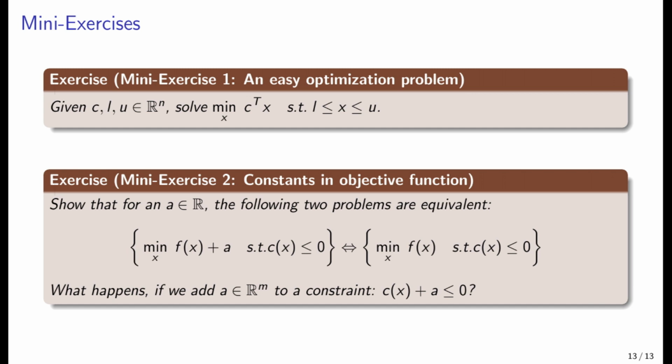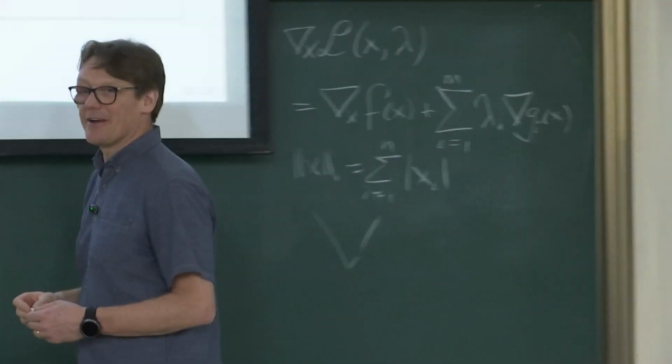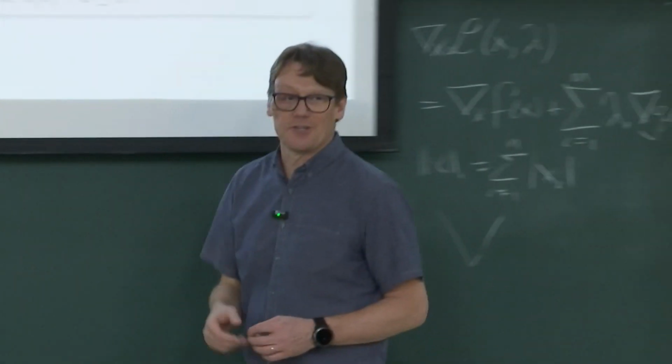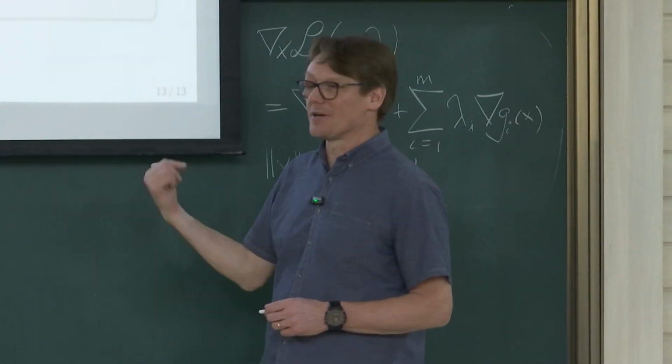And then the second one is to show that if I solve an optimization problem where I minimize f of x plus a, then I get the same solution if I didn't have an a in there. And the question, what happens if c of x plus a is less than or equal to 0? Does the same still hold? So get some pieces of paper out, or if you can do this in your head, do it in your head. I don't think I have the solution on here, but we can do it on the board.